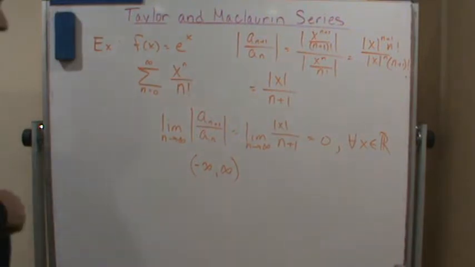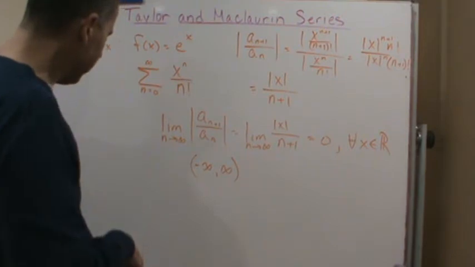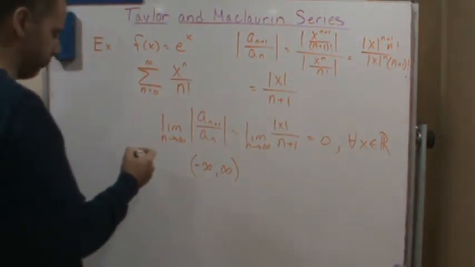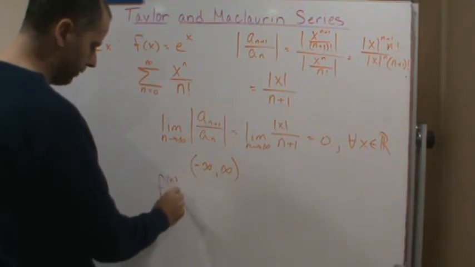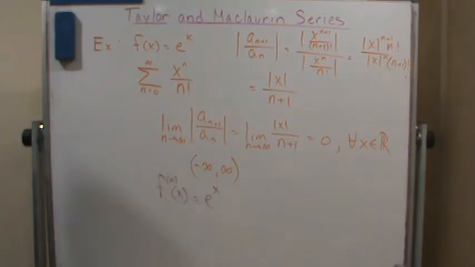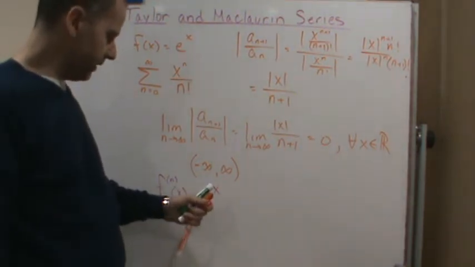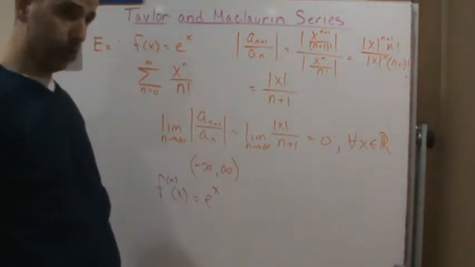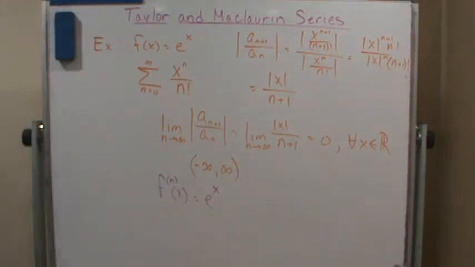Okay, so what does all that mean? Well, we know that for any derivative, the nth derivative of f of x is equal to e to the x. And we also know, since this is an increasing function, that the upper bound for any interval is going to be the larger value.